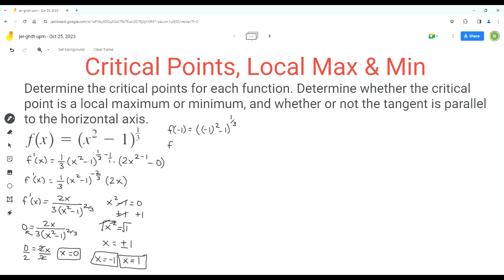So -1 squared is equal to 1. So we get (1 minus 1) exponent 1 over 3, and 1 minus 1 is equal to 0, and 0 exponent 1 over 3 will be equal to 0. So the first critical point is (-1, 0).